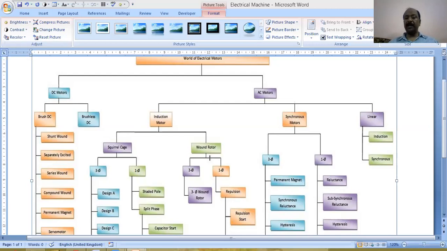Another category in the brush DC motor is the permanent magnet. Under the permanent magnet motor, we find that a permanent magnet is there in place of a rotor having a winding. We have only one supply winding, which will be excited by the external source, and the rotor part is never excited by an external source.